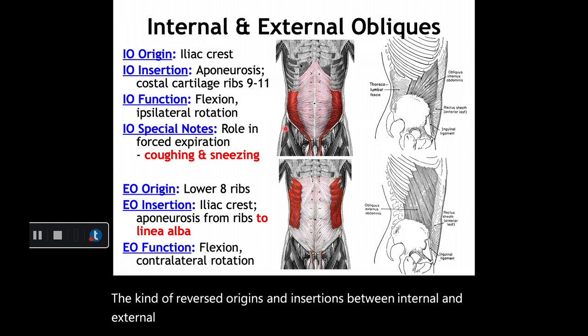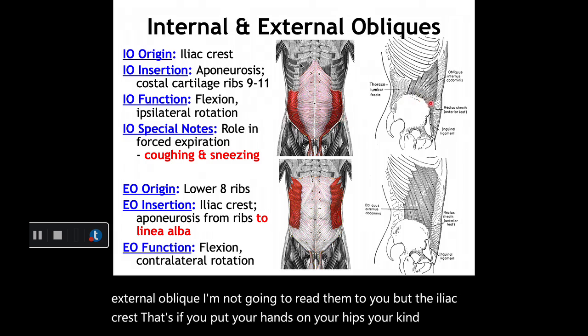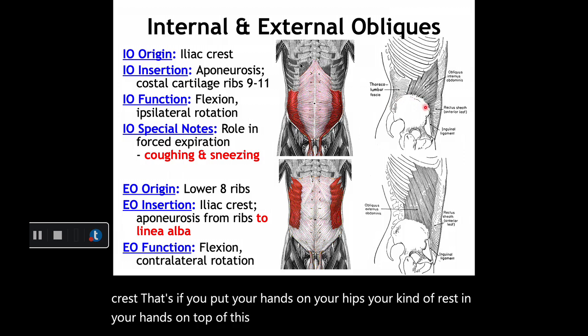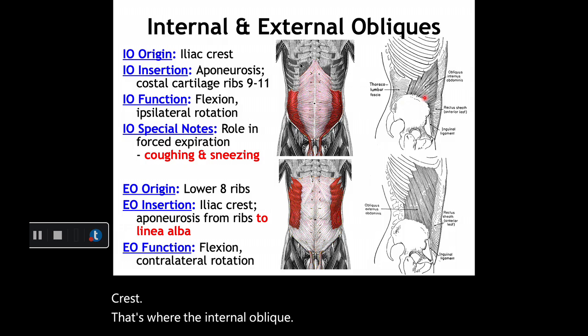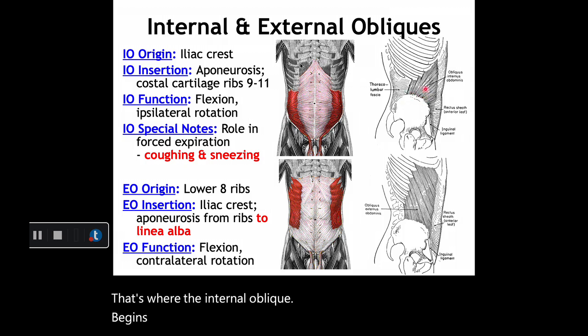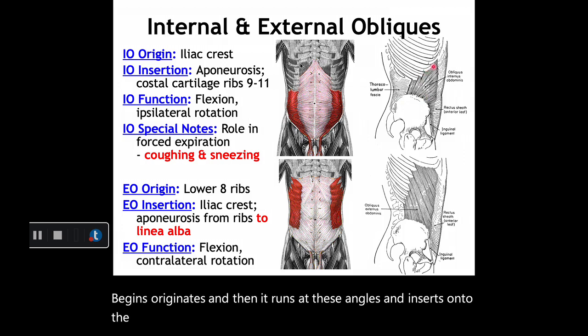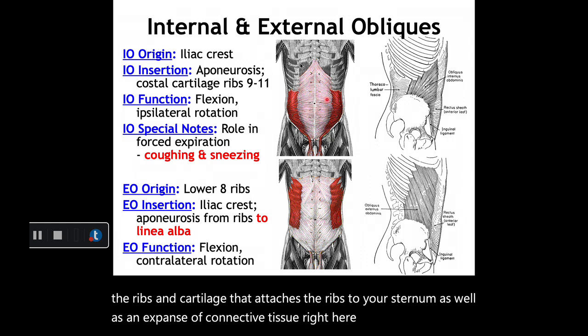I'm not going to read them to you, but the iliac crest, that's if you put your hands on your hips, you're kind of resting your hands on top of this region right here, which is the iliac crest. That's where the internal oblique originates, and then it runs at these angles and inserts onto the ribs and the cartilage that attaches the ribs to your sternum, as well as an expansive connective tissue right here called an aponeurosis.